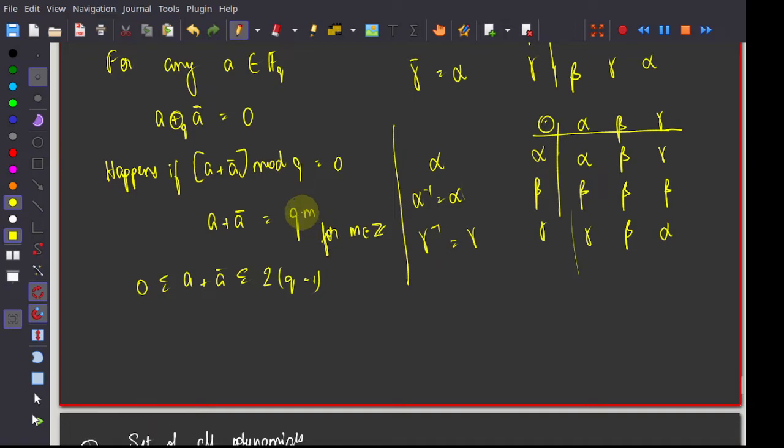So M must be either 0 or 1, because it can't be any less than 0, and it can't be 2, because 2Q is greater than 2 times Q minus 1. So this can only happen if M is equal to 1, in fact. So what can you say about A bar?